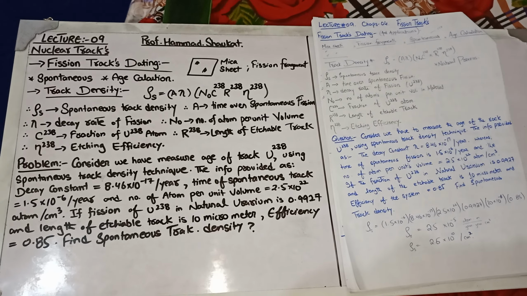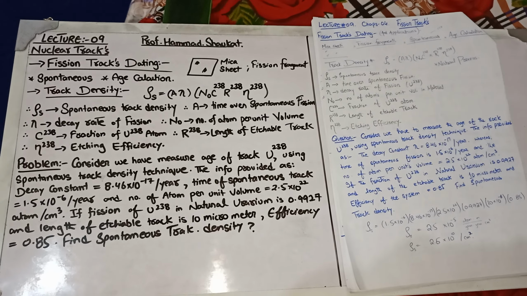You know that it is basically equal to this, and all the values are given: the time of the spontaneous fission is 2 multiplied by 10 raised to minus 6, multiplied by lambda, the decay rate of fission, which is given here as 8.46 into 10 raised to minus 17, multiplied by n naught, the number of atoms, which is also given as 3 multiplied by 10 raised to power 22 atoms per centimeter cube.